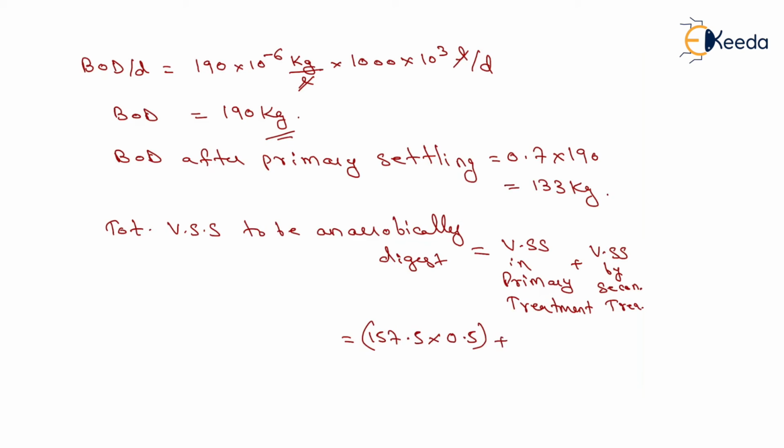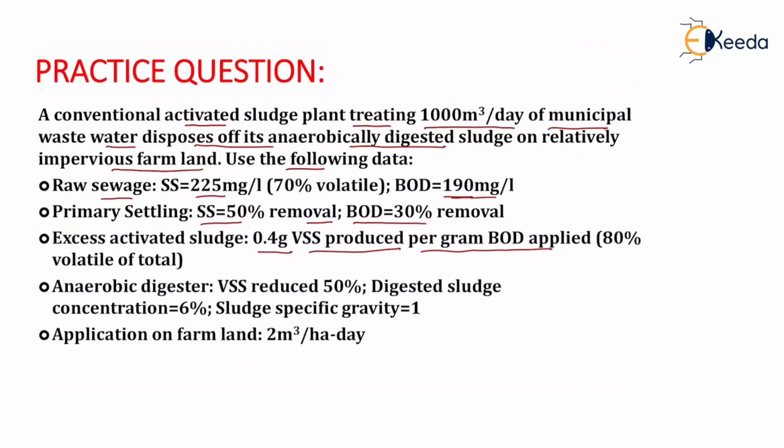And the volatile suspended solids by secondary treatment will be 0.4 gram per gram BOD removed. So we convert in kg. We need to multiply it with 133, because it is the BOD removed, that is 133 kg. It is already given in the question that 0.4 gram volatile suspended solids are produced per gram BOD removed.